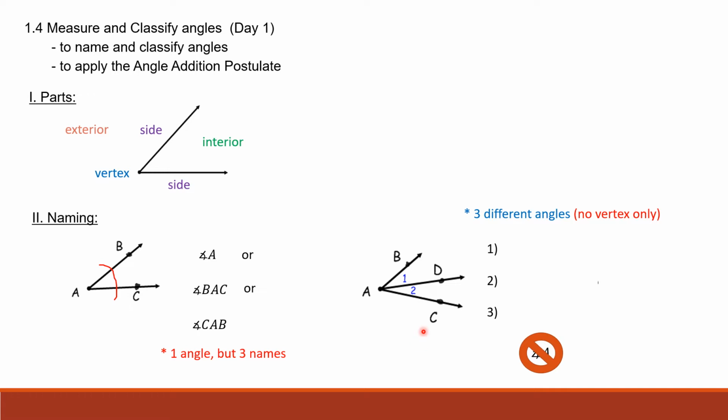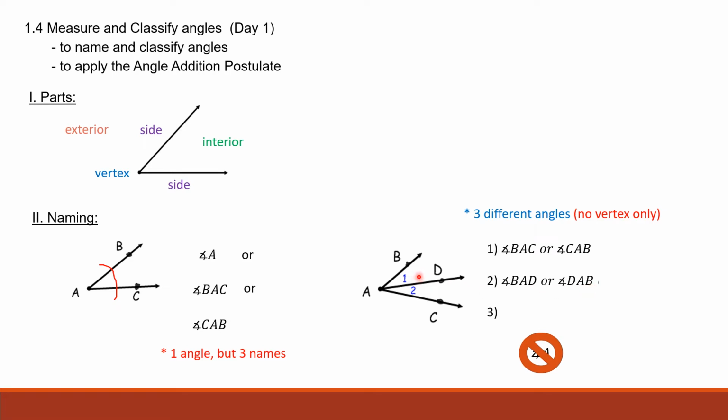So let's start with the one we already know. We already know angle BAC. Now we also know that it could be in the other direction, angle CAB. So let's talk about this upper angle here. So it starts at B, goes down to A, and pivots around to D. Or it starts at D, pivots around to A, and becomes B. So angle BAD or angle DAB.